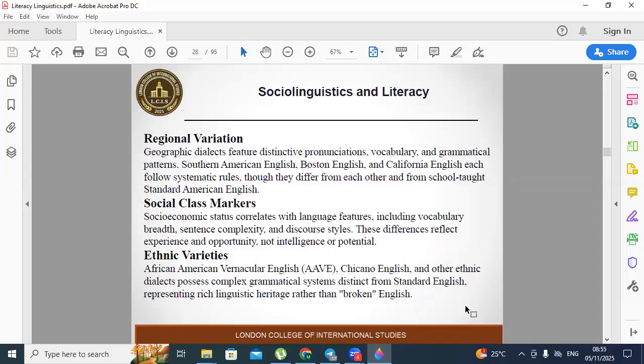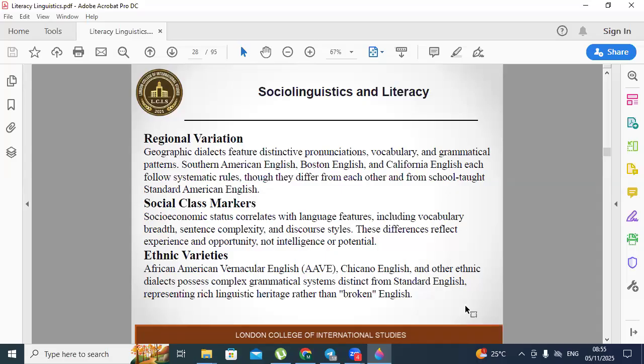Historically, educators have labeled working class language as restricted or deficient compared to middle class language. This deficit perspective is both inaccurate and harmful. All social class varieties are linguistically complete. They can express any idea, though they may do so differently.